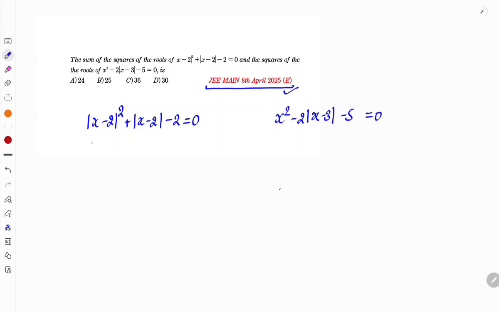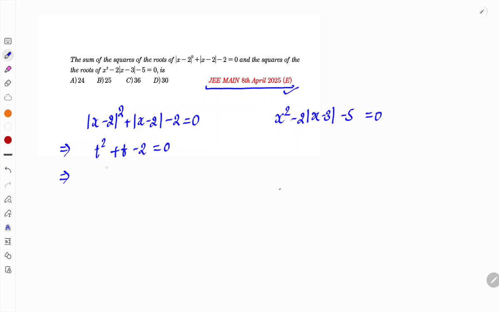We'll solve it. In this one I can assume |x-2| as t, so it is written as t^2 + t - 2 = 0. What we need to find here is the sum of squares of roots, so first of all x should be known.